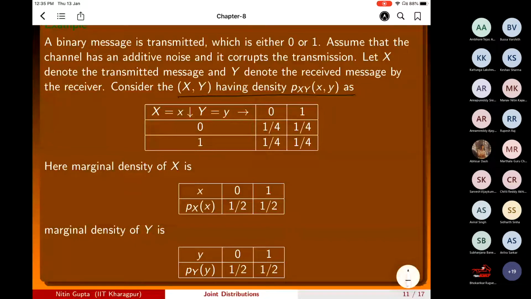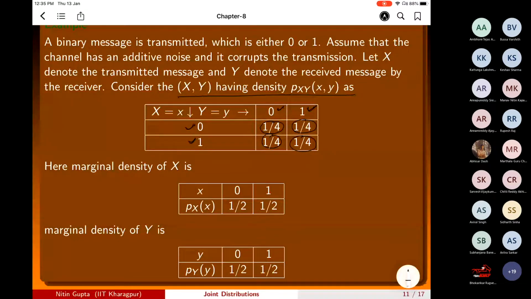The message transmitted as 0 is received as 0 with probability 1 by 4. Transmitted as 0, received as 1 with probability 1 by 4. Transmitted as 1, received as 0 is 1 by 4. Similarly, transmitted as 1, received as 1 is 1 by 4.